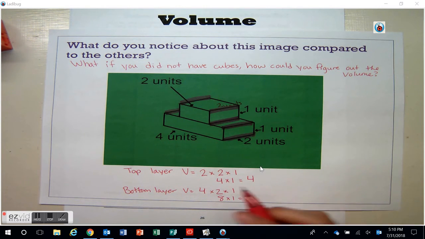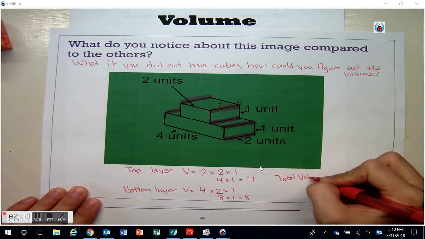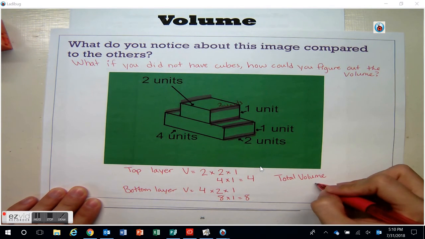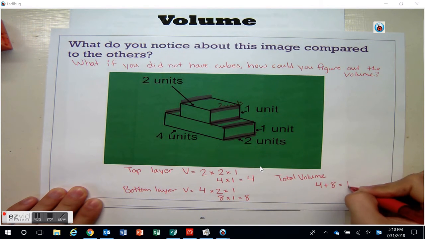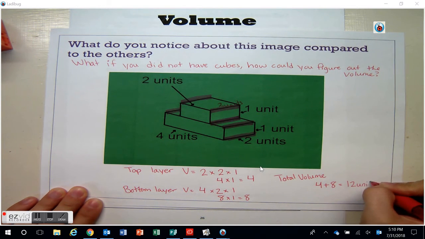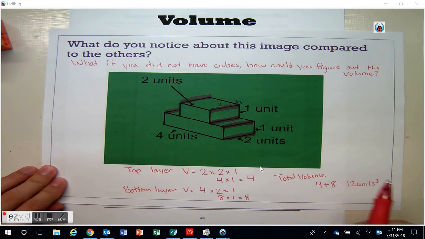The bottom layer has a length of 4, a width of 2, and a height of 1. 4 times 2 is 8. 8 times 1 is 8. So this is what our last figure would look like if you couldn't see the cubes.